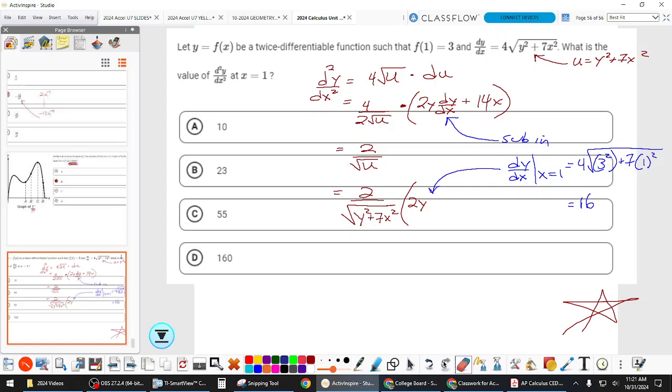I think what I'm going to do, just for the work here, is leave it for now and then start plugging in stuff, just so I have the plugged-in equation. So y is 3. This was 16, right? This whole thing? Yeah. That's okay. I'm just going to write it.